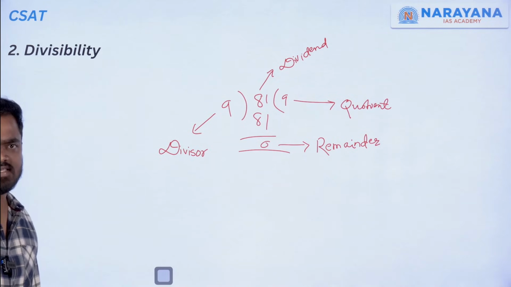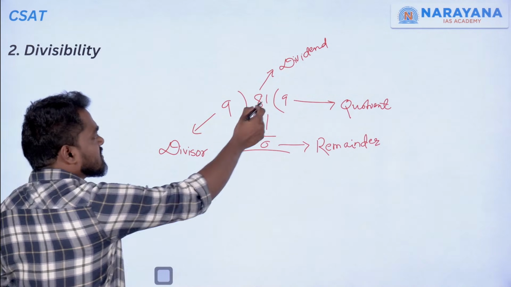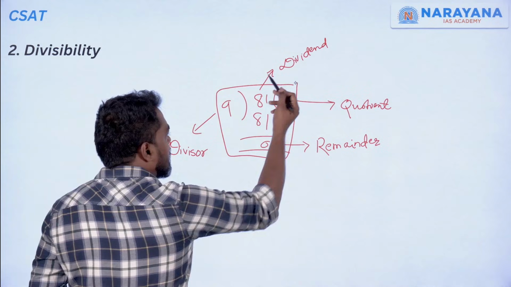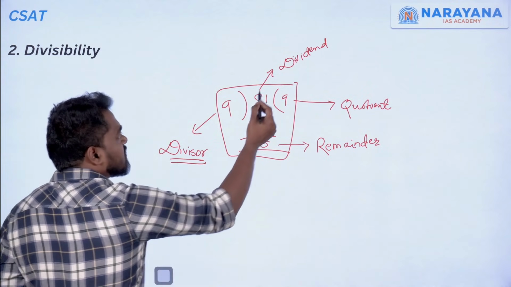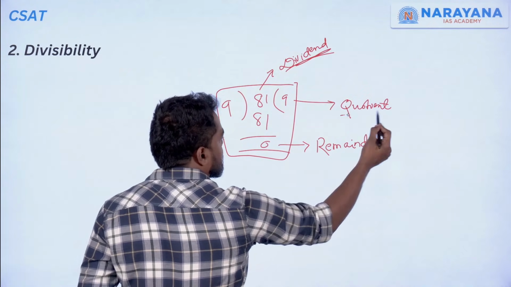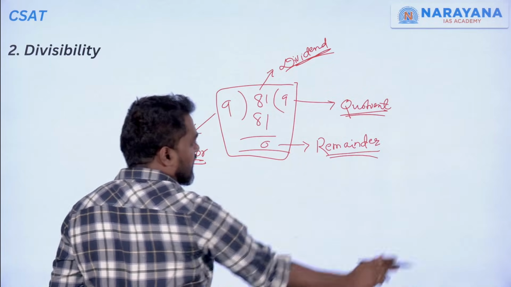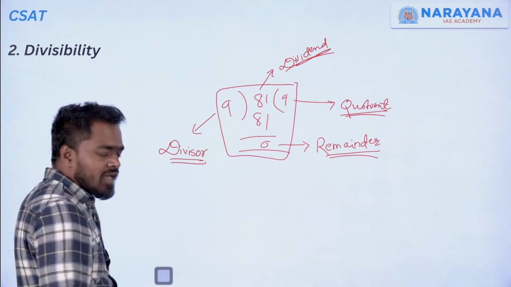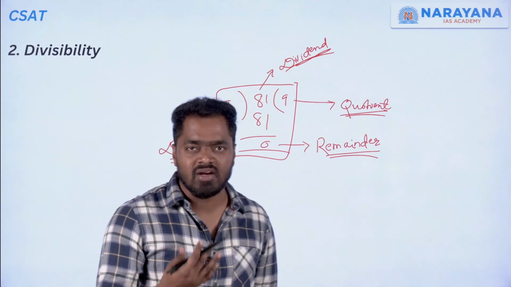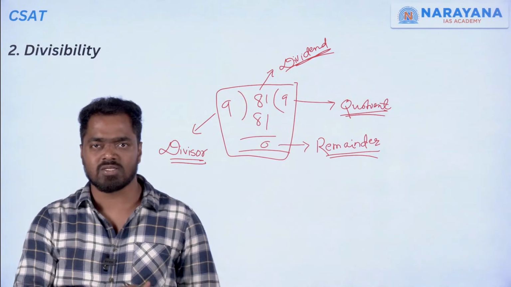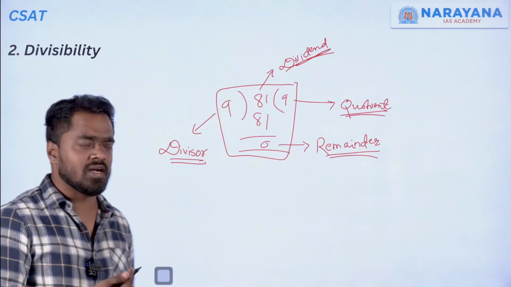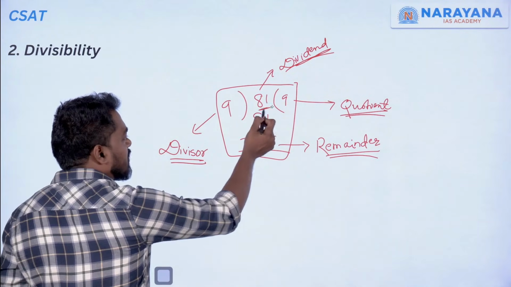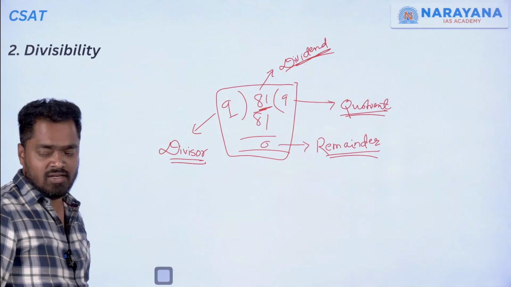So just basics, we have to know this. This is the division process. This is called the divisor, this is called the dividend, this is the quotient, this is the remainder. So simply, if we divide any number by another number and the remainder is 0, then we can say that number is divisible by that number. So here 81 is divisible by 9.